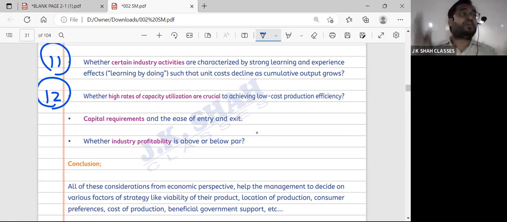So if you are thinking of entering into labor intensive business, you need to think, can our workers achieve this experience curve? Because this will help us in reducing our cost. You remember, right? As the cumulative production increases, cost decreases. So this is reference to labor intensive.